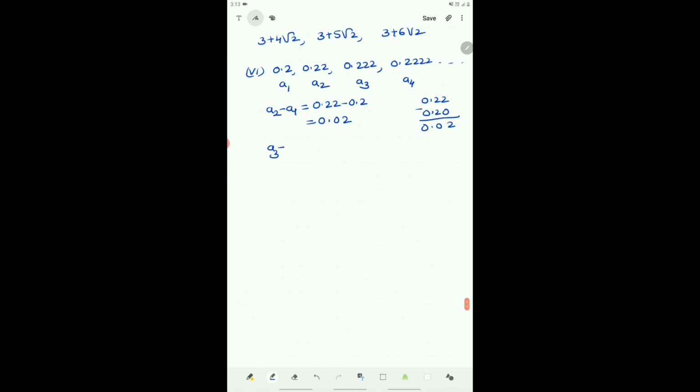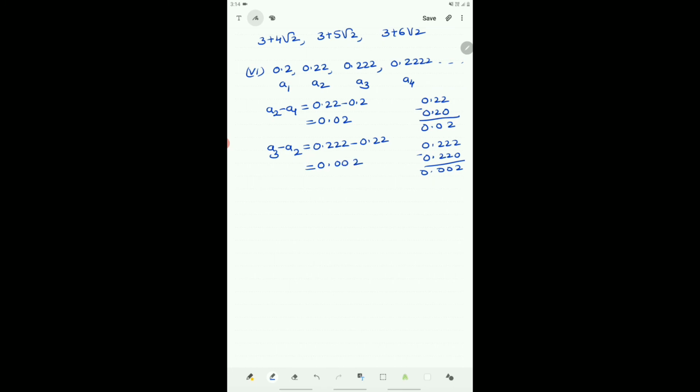Next, A3 minus A2. A3 is 0.222 minus 0.22. So what are you going to get? 0.002.